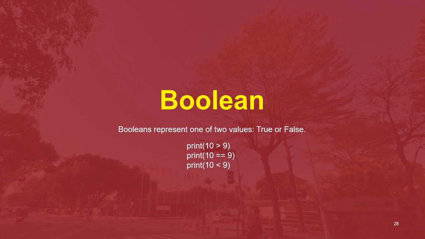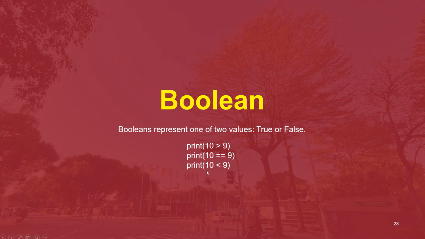And actually, it is not only for representing two things, it also represents a status. For example, if someone tells you 10 is larger than 9, that is true, so I will give it True here. Or if someone tells you 10 is equal to 9, that is not equal, so I will say that is False.